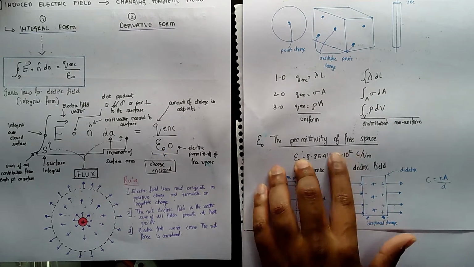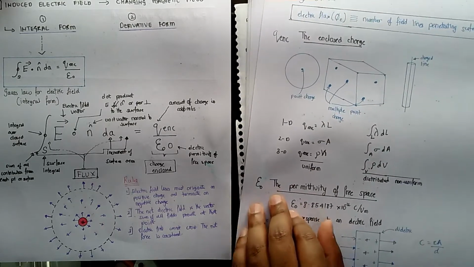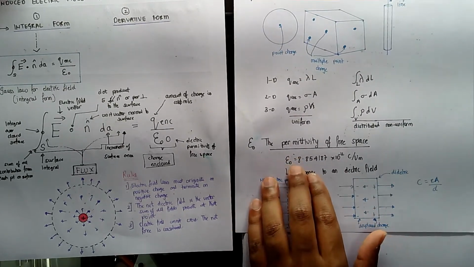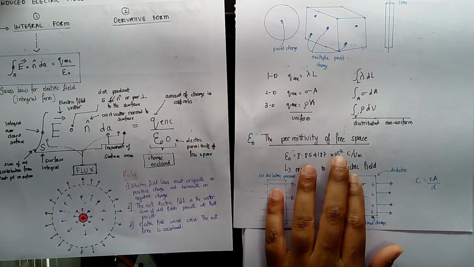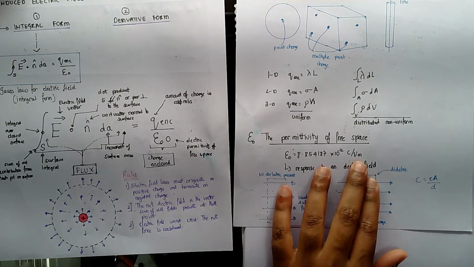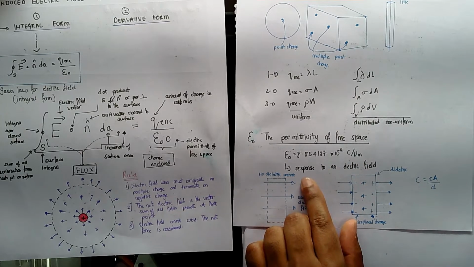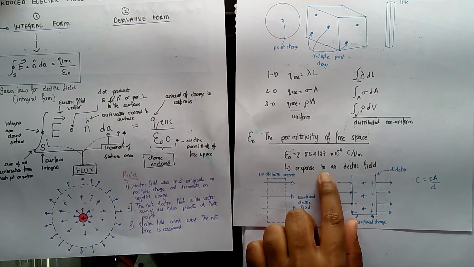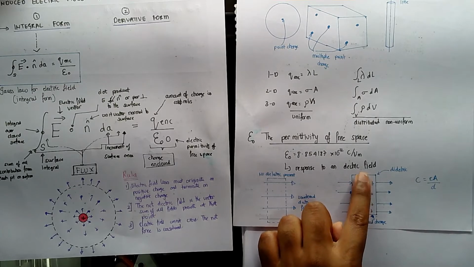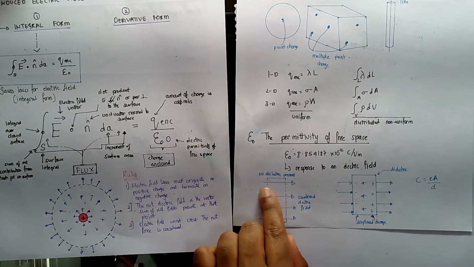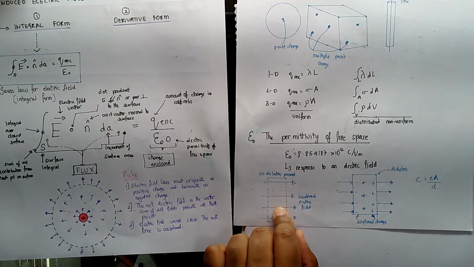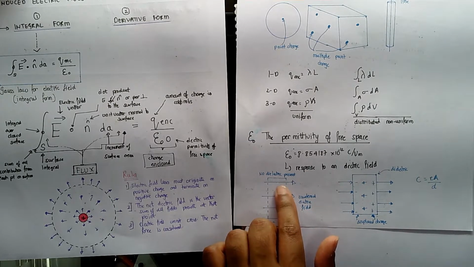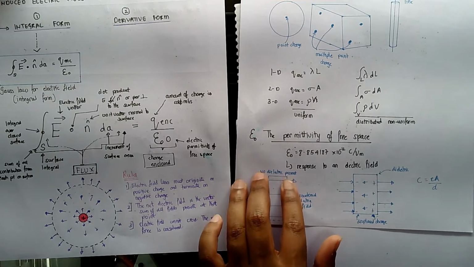The permittivity of free space is epsilon, which is about 8.85 into 10 raised to minus 12 coulombs per volt meter. This is a response to an electric field. So if you have an electric field flowing through an object, and if there's no dielectric present, a dielectric is nothing but an insulator basically.